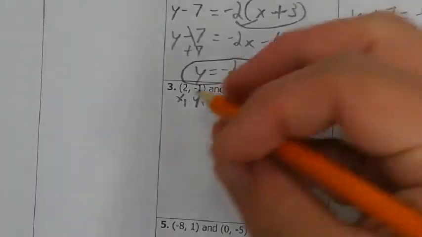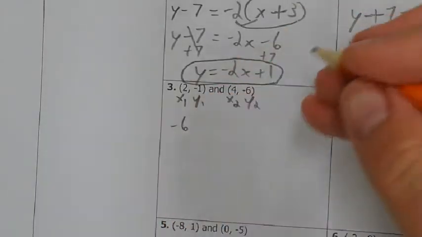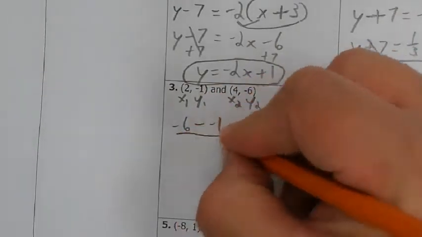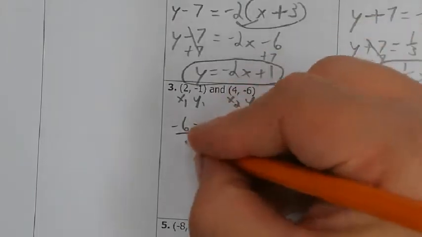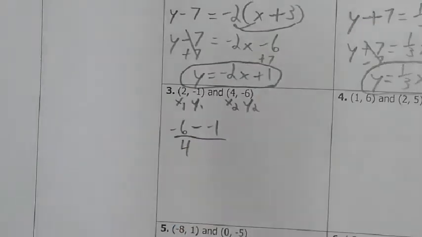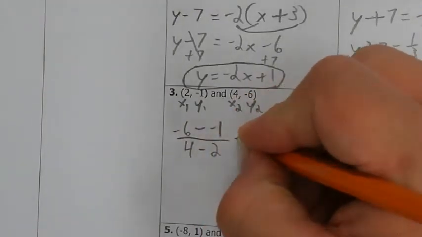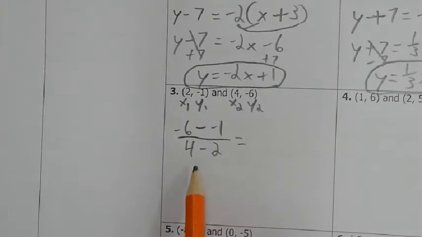So y2 is negative 6 minus y1, which is negative 1, over 4 minus 2. With this slope stuff you always minus. Do you see how I set that up, Justice? But for X2, why don't you do negative 4?